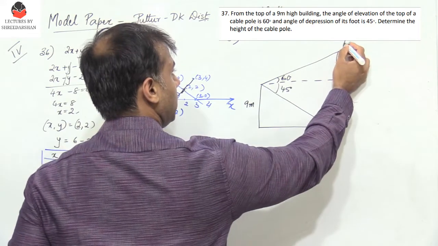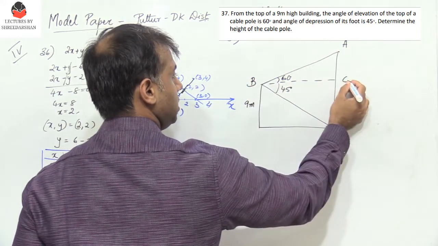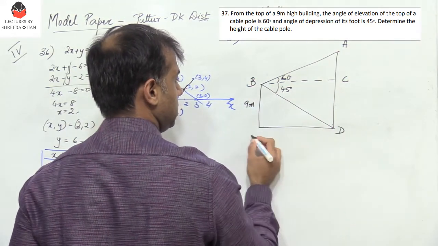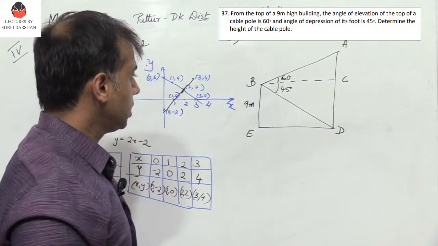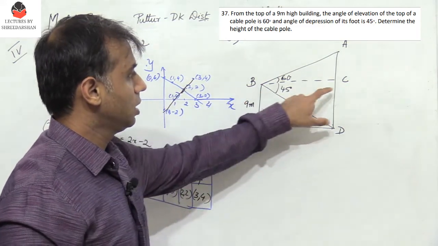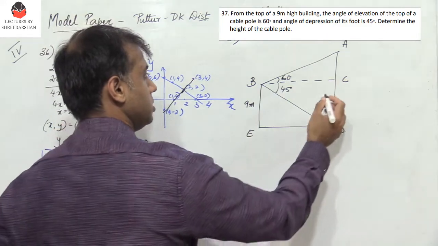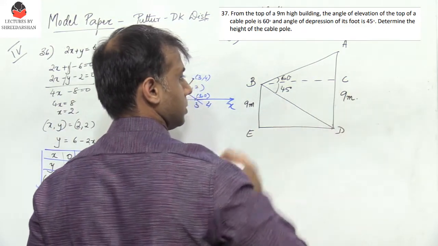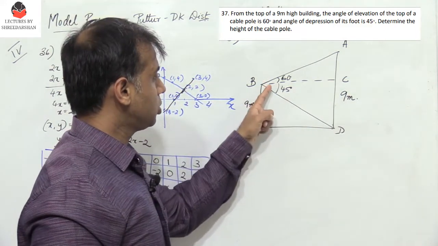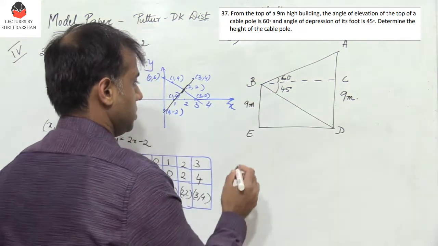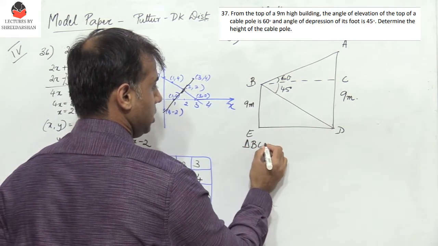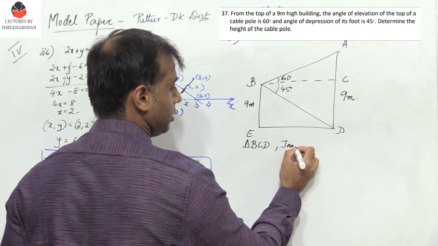So let this be A, B, C, D and E. We know that since this is 9 meters, CD will also be 9 meters. Consider the triangle BCD. What is tan 45 degrees?